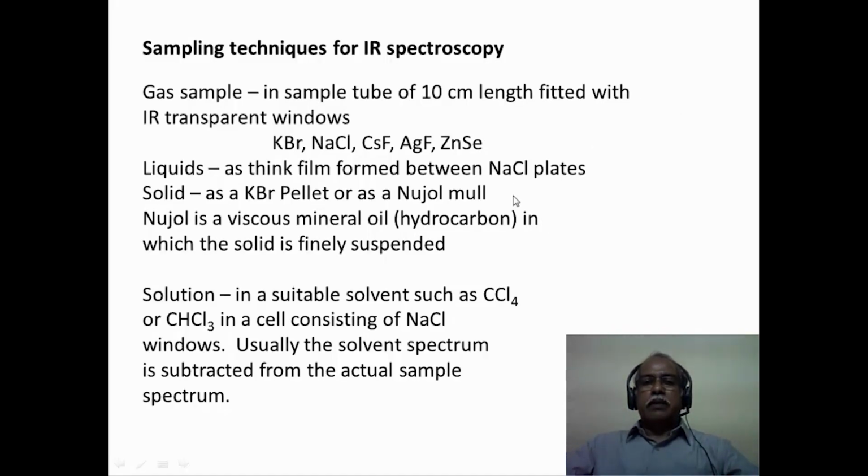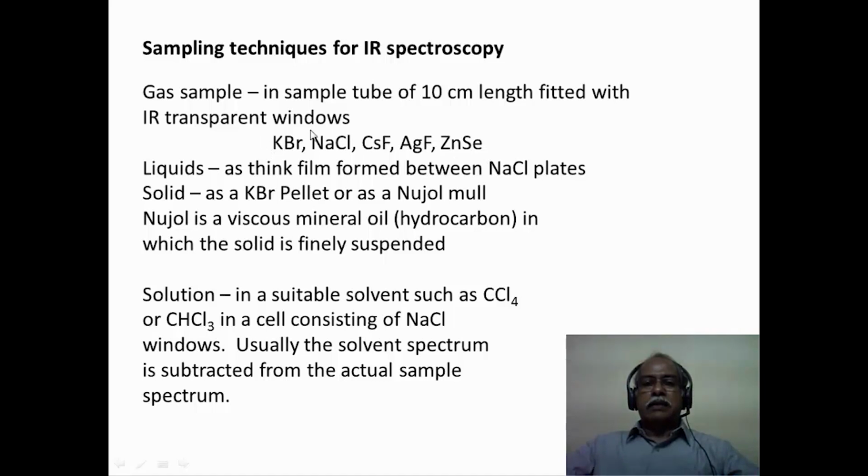Sampling technique is extremely important in infrared spectroscopy because many glass vessels or quartz vessels do absorb the infrared radiation. So one cannot use glass or quartz vessels for infrared radiation. One has to use vessels made of materials which do not absorb, or predominantly do not absorb, the infrared radiation.